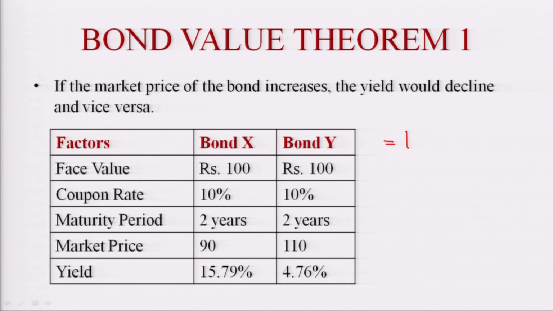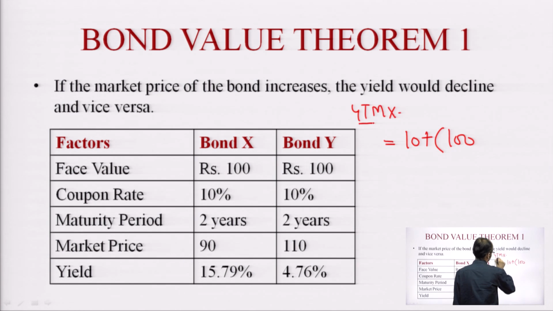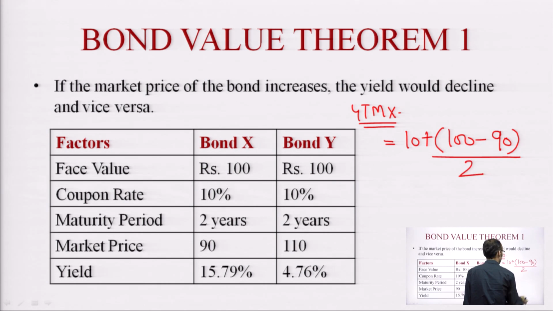The interest that we are getting is 10, the maturity value of the bond will be 100. We are taking the example of the yield to maturity of bond X. The purchase price: the person who is purchasing the bond from the current market has to pay 90 rupees. The maturity period is 2.